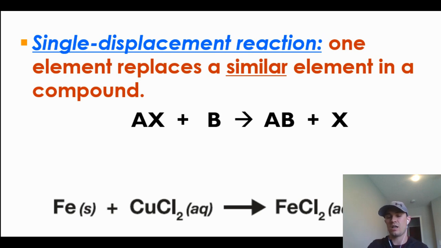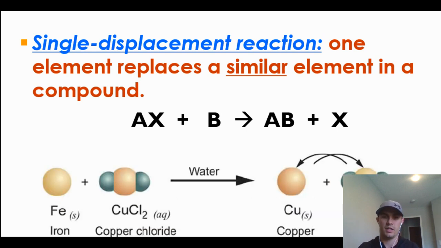So now we get solid copper and we get iron chloride that is dissolved in water. So iron came in, kicked out copper, and now we get iron chloride, and copper is a single element. That's a single displacement reaction. We can see in this picture, the yellow just came and switched places with the orange copper. The color isn't that great on it, but you get the idea. They just switch places.